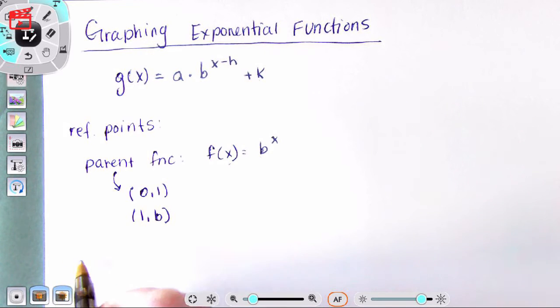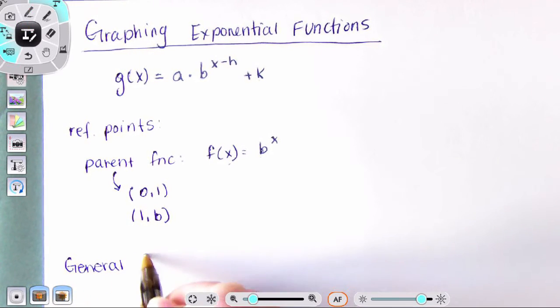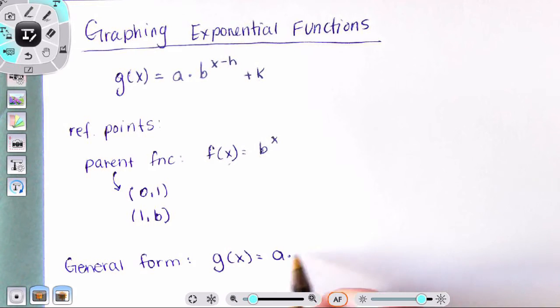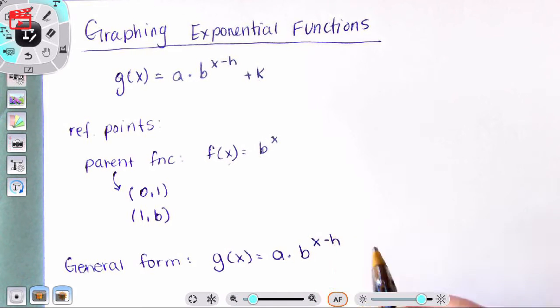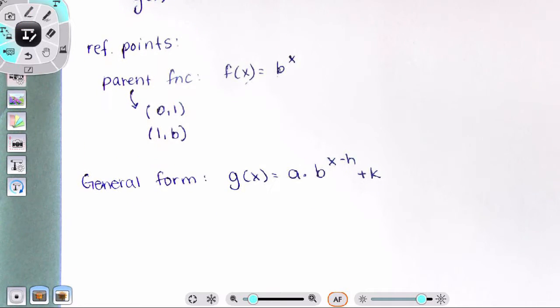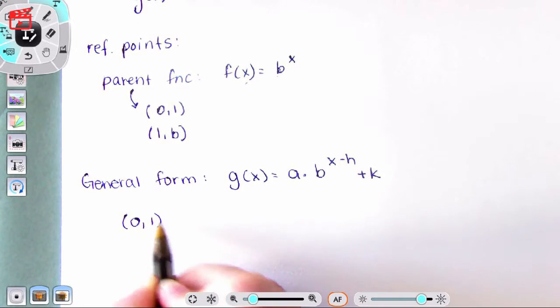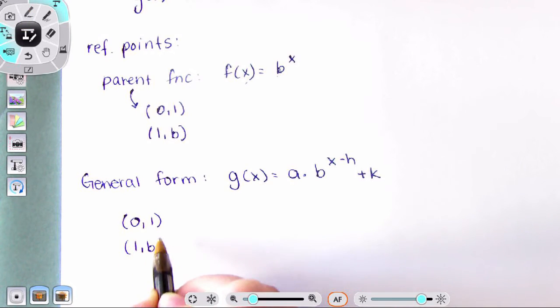So again, I'm going to rewrite our general form. Our general form is g of x is equal to a times b to the x minus h power plus k. So our original parent function points are (0, 1) and (1, b).